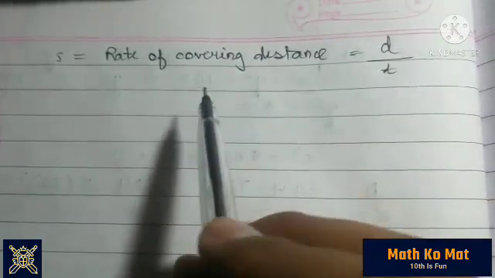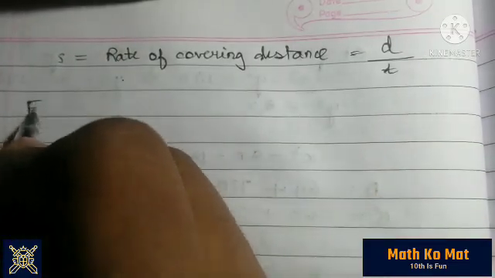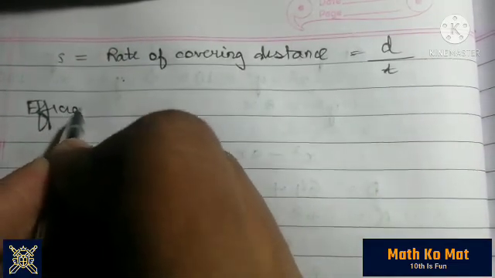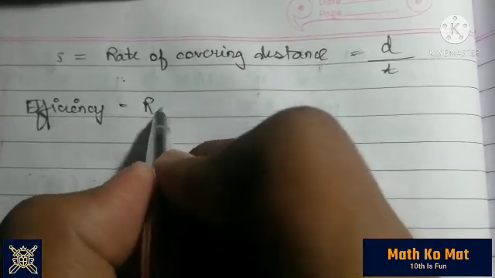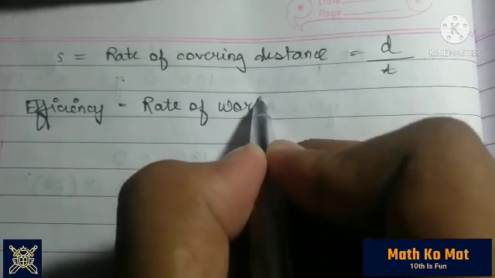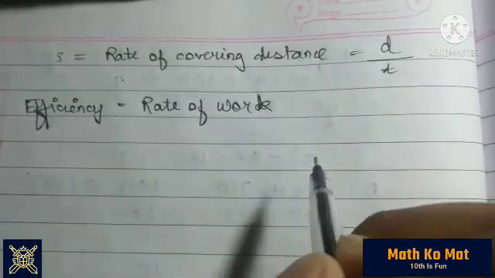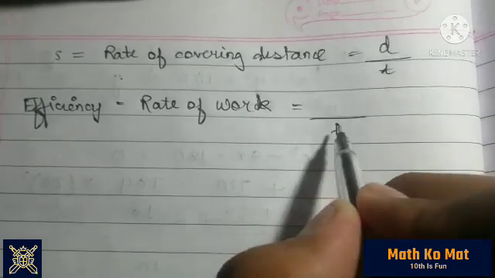So whenever you need to find a rate, you divide by time. So what's efficiency then? Efficiency is the rate of doing work, and as you know, you will always need to divide by time.